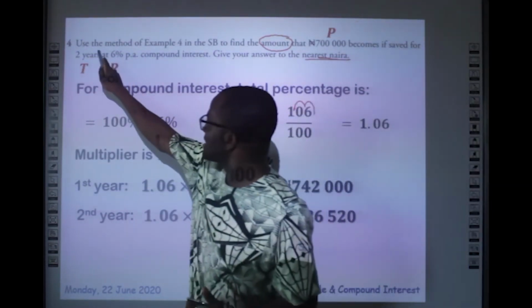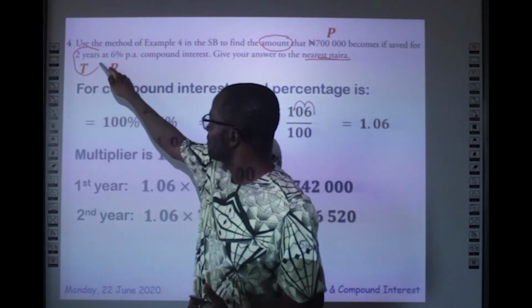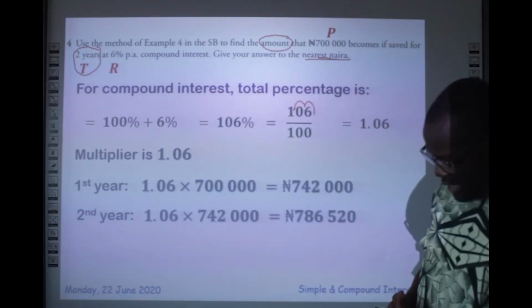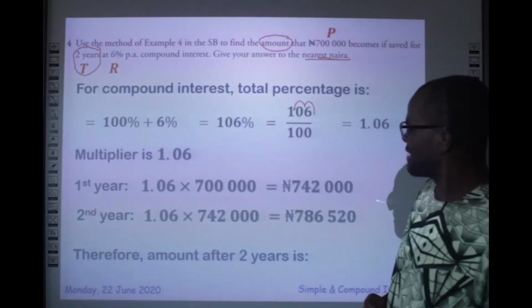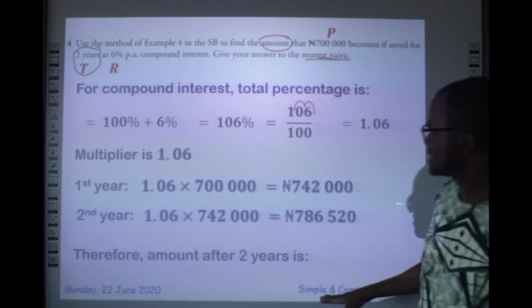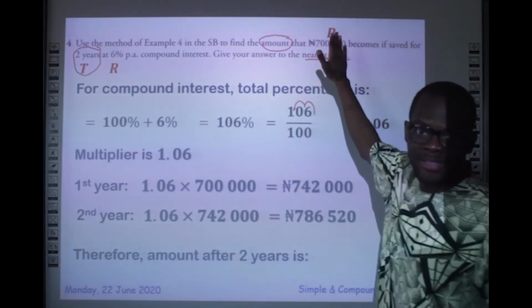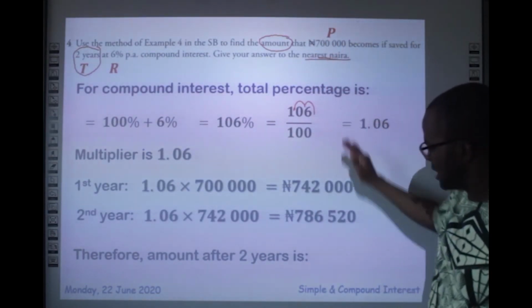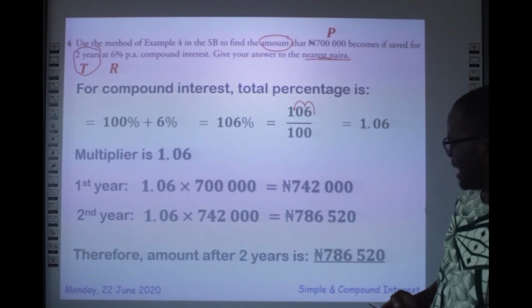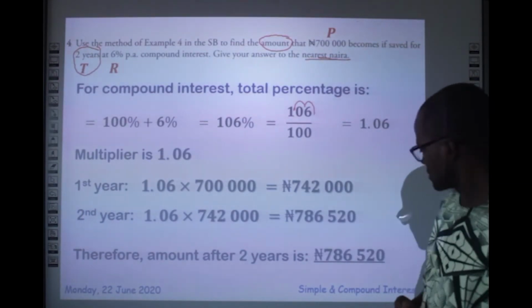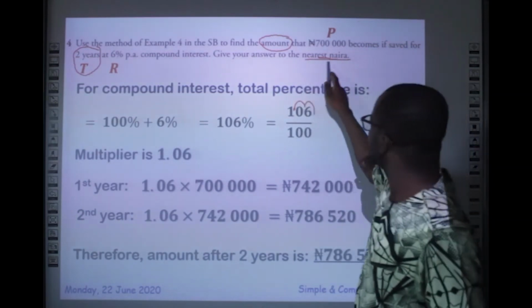And that's how far you're meant to go. Okay, so that will be your answer. So therefore, when you start off with 700,000 naira, after 2 years, you will have in your account 786,520. Now, this says the nearest naira.